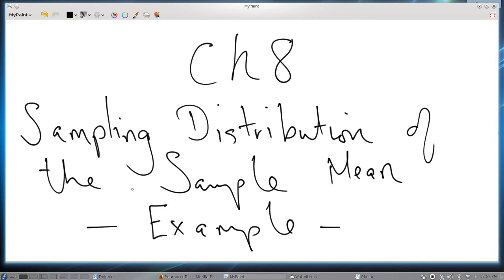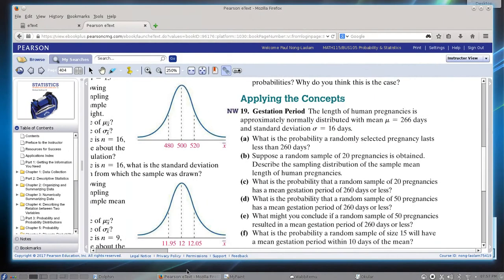for the upcoming exam. And in particular, the example that I have selected to demonstrate in here is taken from our textbook, section 8.1, number 19.